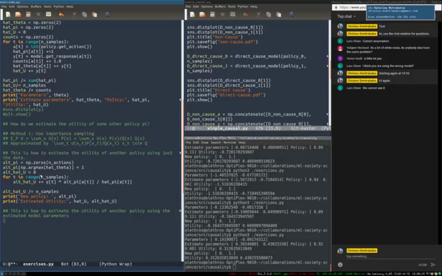But if you want, you can use the model parameters instead, right? So for all the actions, then you can estimate the utility of action 1, so hat u 0, and hat u 1 as well.